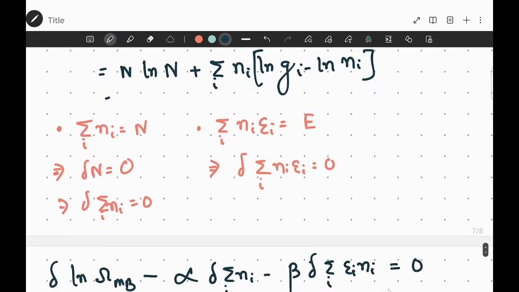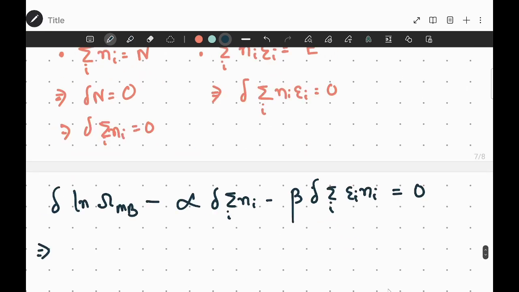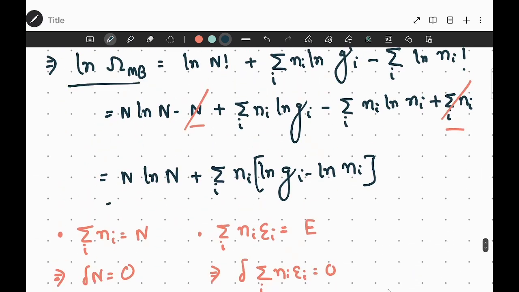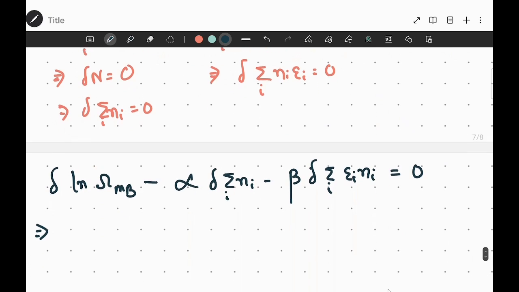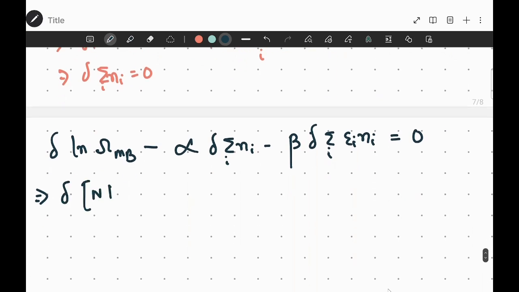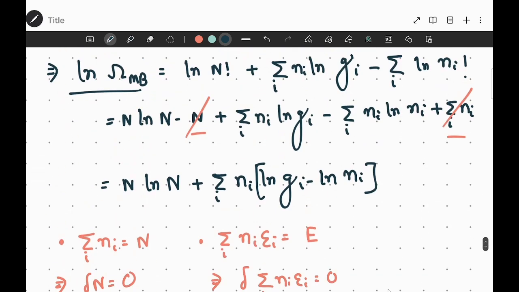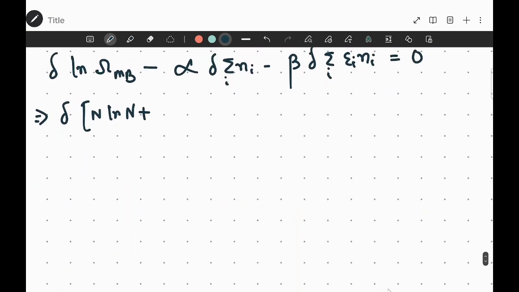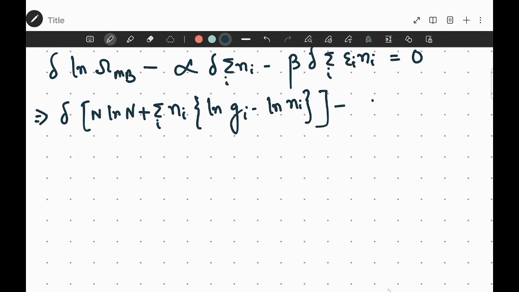So I will put it: delta n ln n plus sum over i of ni ln gi minus ln ni, then minus alpha delta sum over i of ni minus beta delta sum of epsilon i ni is equal to 0.